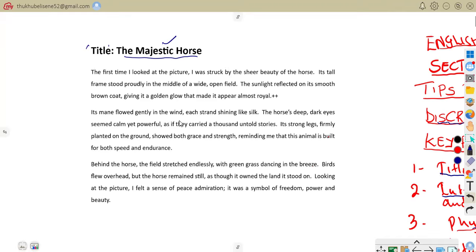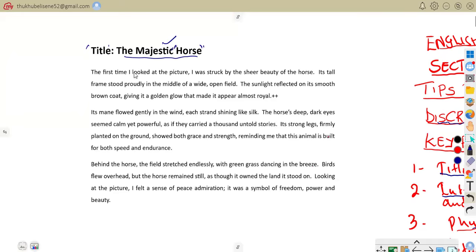This is our title. Also remember we talked about the introduction or topic sentence. So as it says, the first time I looked at the picture, I was struck by the sheer beauty of the horse. So that is our introduction, where we introduce the picture and set the tone. Our picture is what? It is the horse.